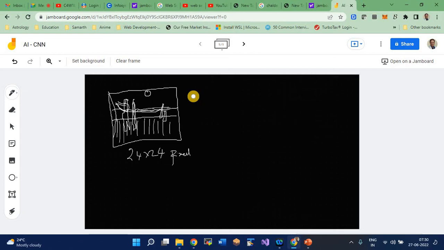Now how do I make these edges detected? Right now I am just saying horizontal and vertical detection of an image.